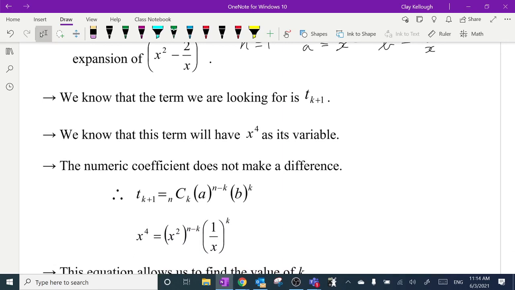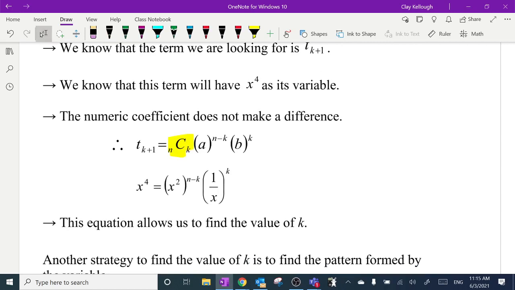Please notice that if all I care about is the variable, I don't care at all about what the coefficient is. So this part doesn't really matter to me. I just know that the term I'm looking for is x to the power of 4, and then again, a is x squared, b is 1 over x. So this equation allows us to find the value of k.